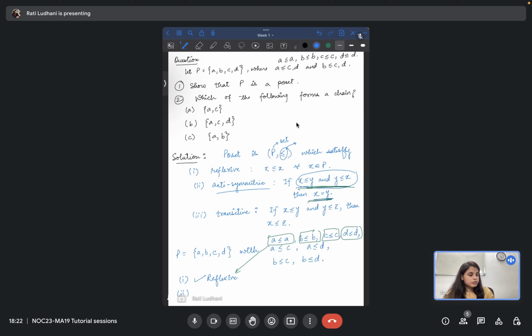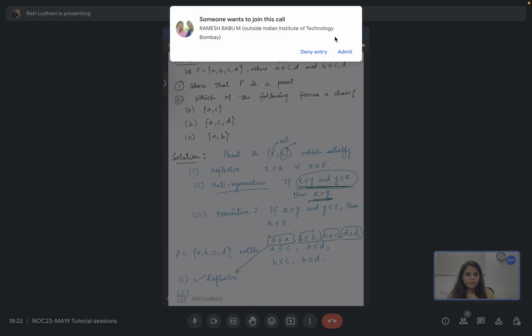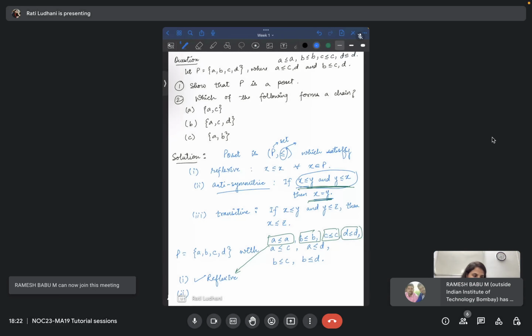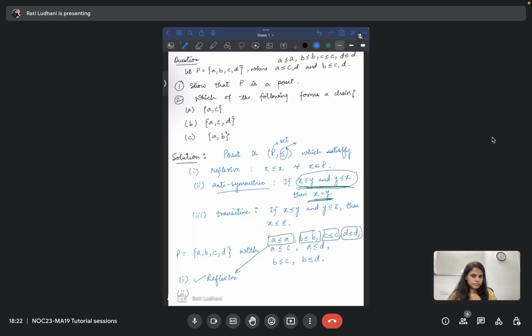And what about antisymmetry? What do you think? That is also vacuously true because we never have any distinct triplet of the form where A is less than or equal to B and B is less than or equal to C. So we never have this LHS condition, so we don't need to check RHS for transitivity.